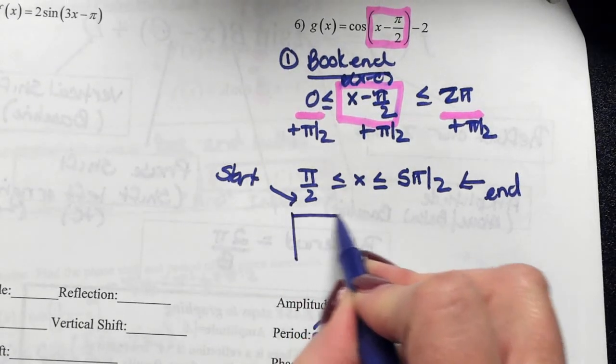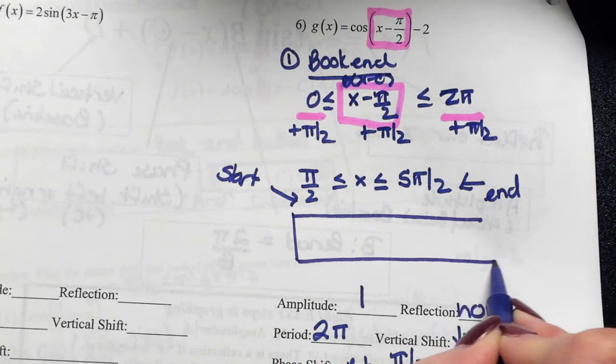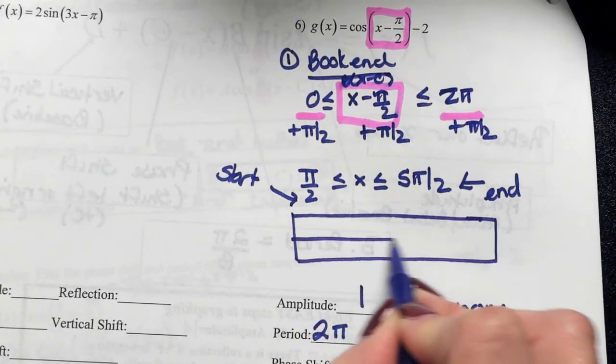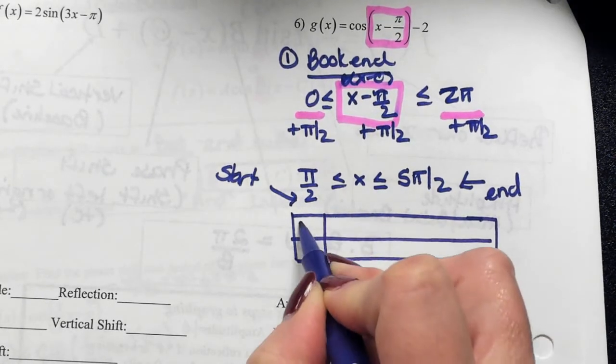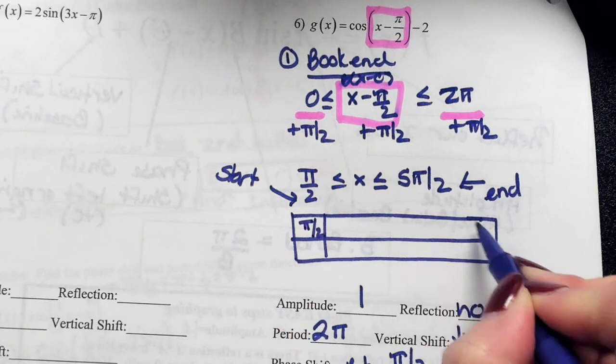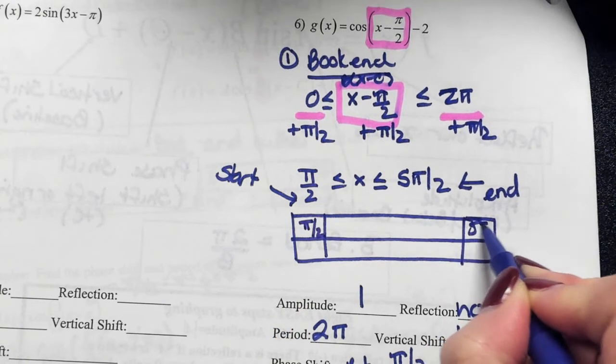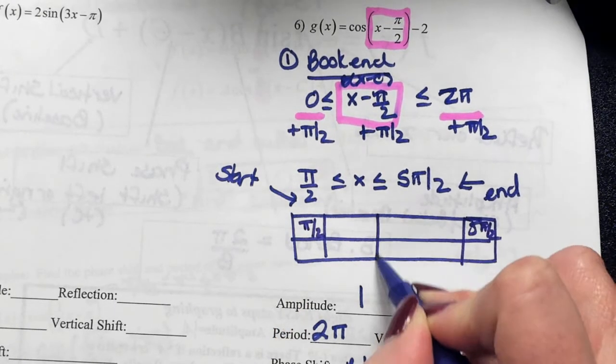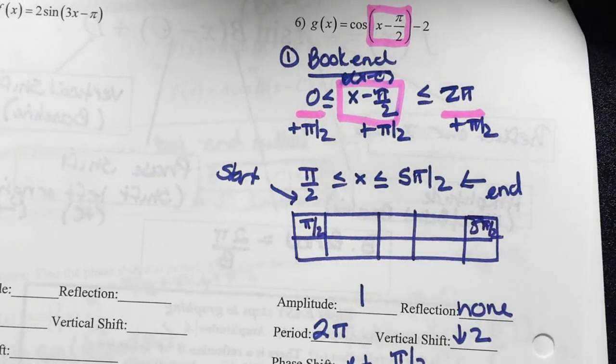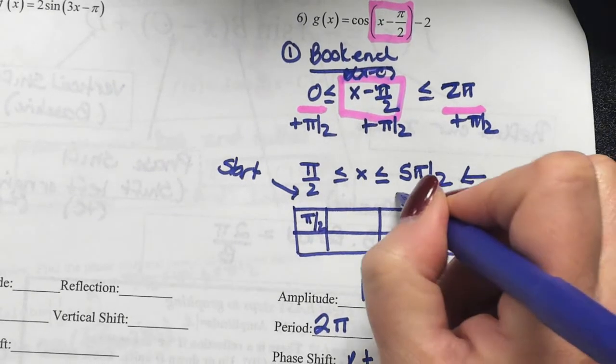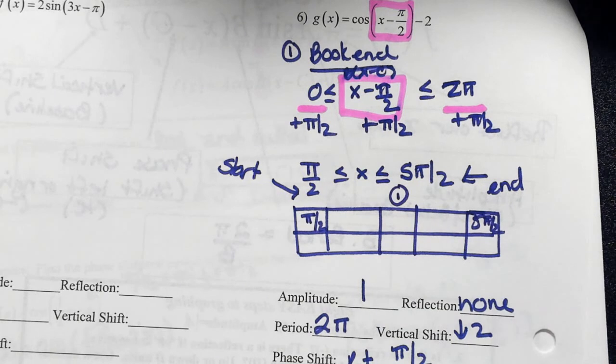So now what I'm simply going to do is find the other key points. So I know I'm starting at pi over 2 and ending at 5 pi over 2. You want to start by finding the midpoint.